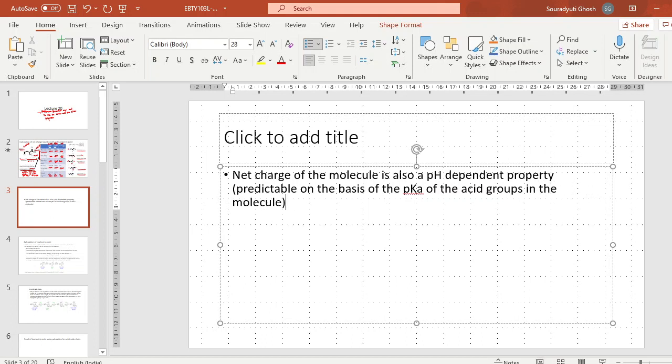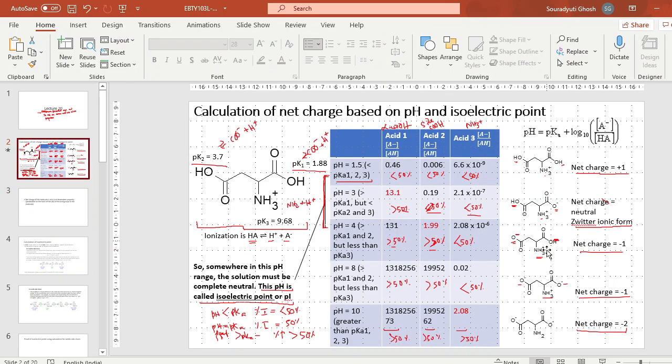Then if you increase the pH, the net charge becomes minus 2. So you can see that in a pH dependent manner the net charge changes.